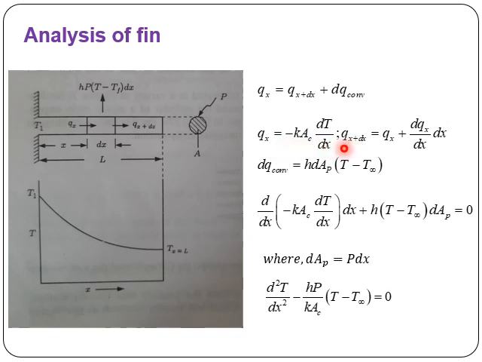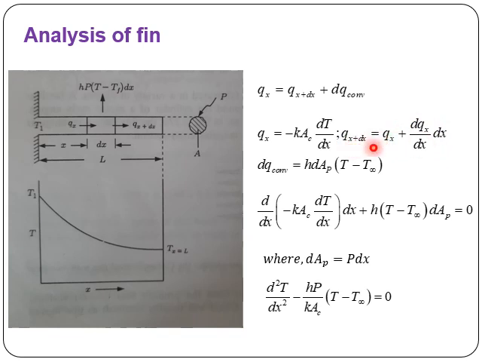And using the Taylor series, you can get the expression for Qx plus dx, which is equal to Qx plus dQx by dx into dx. We are considering only the first two terms for analysis.